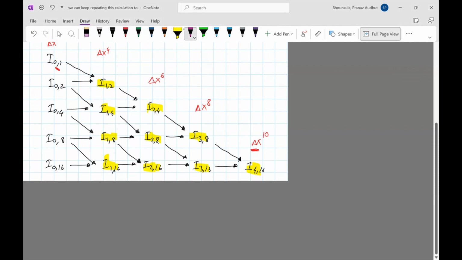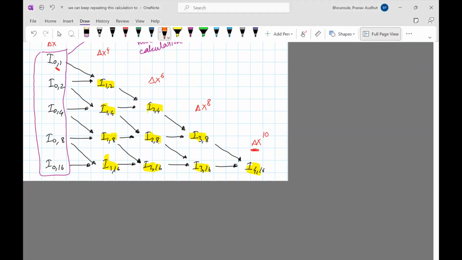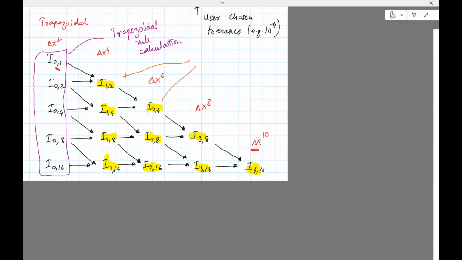So only these ones you need to do trapezoidal calculations, based on the previous iteration.